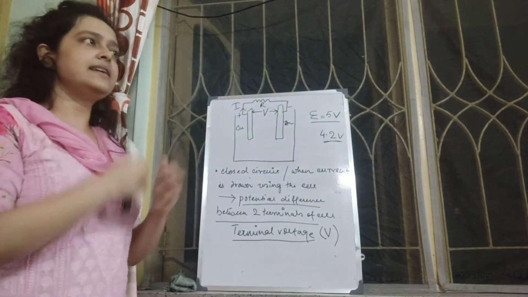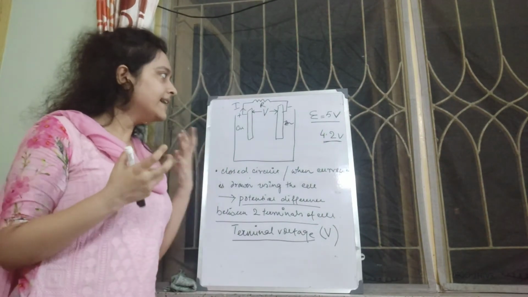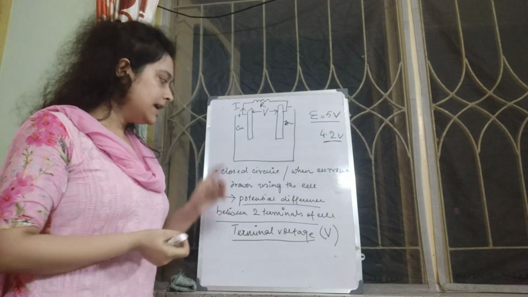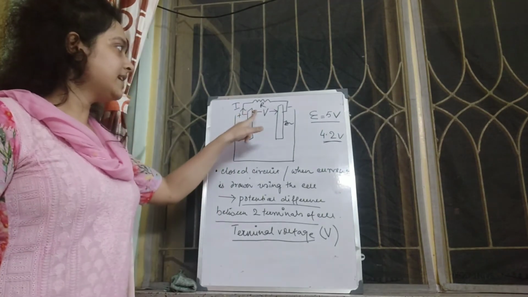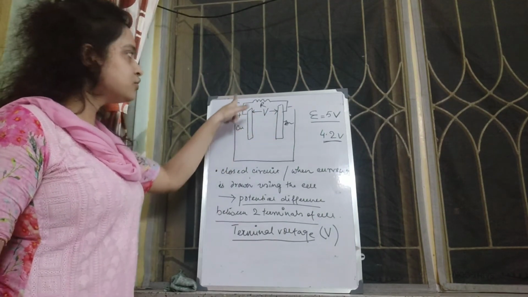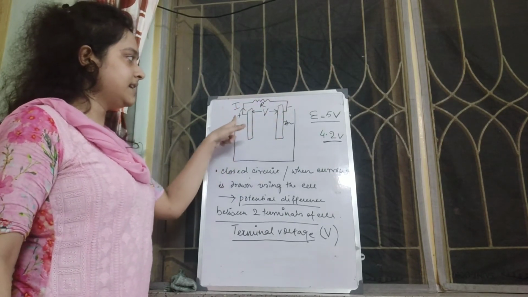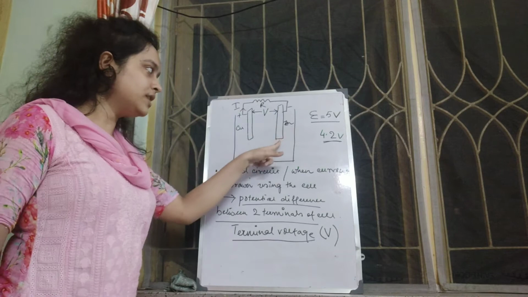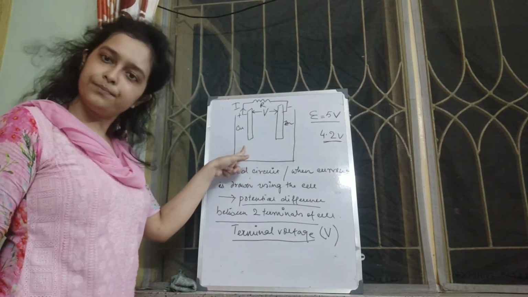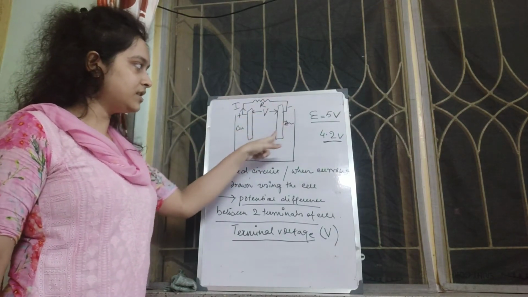Why is it less? That is because when current is flowing through the circuit, it has to flow through the electrolyte also. Closed circuit condition.